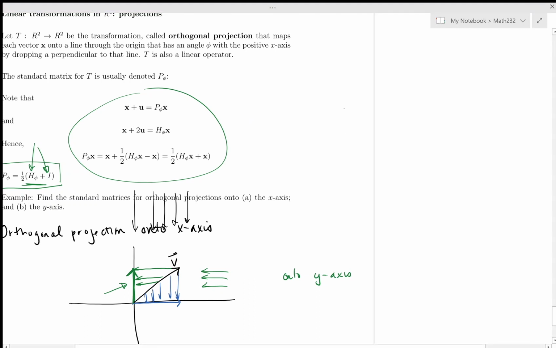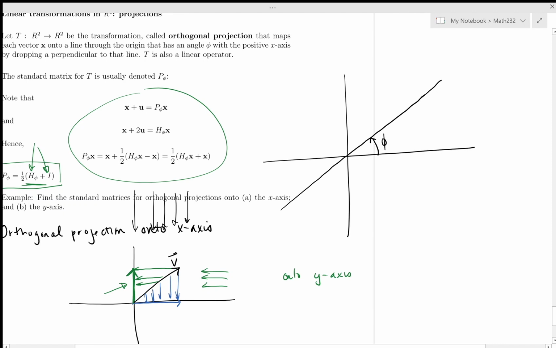You draw like this, and you imagine some line. There it is. It's the line, and it is at an angle phi from the x-axis. So now we want to project onto this line. So we imagine a vector, I called it x actually. Let's imagine a vector x, like that. There it is, x. We want to project that orthogonally onto the line.